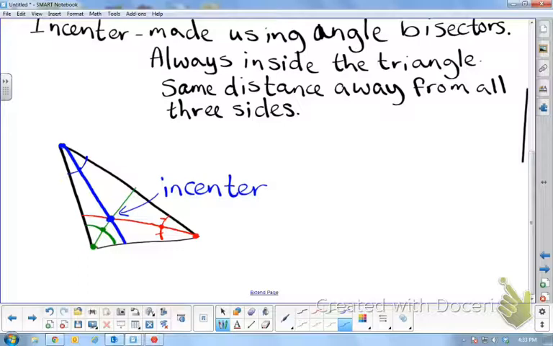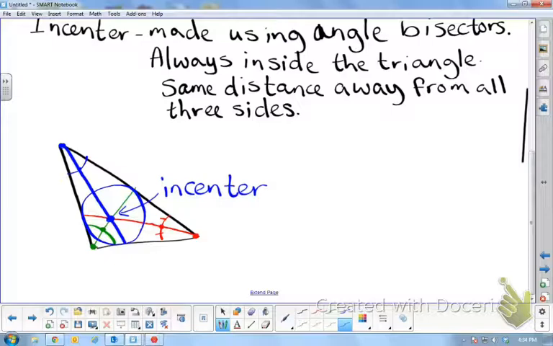So I'm going to attempt to draw my circle. It is hard to draw a circle when we know it's supposed to be a certain center of the circle. So that incenter is actually the center point of a circle, where that center point is the same distance away from the three sides of the triangle.